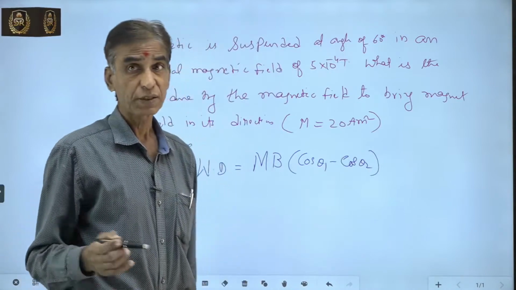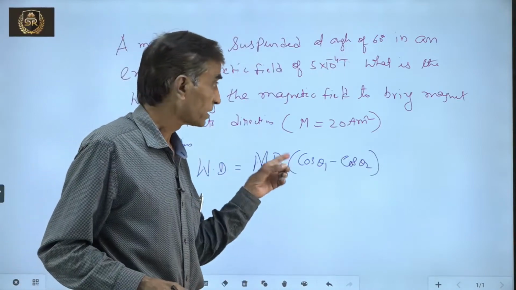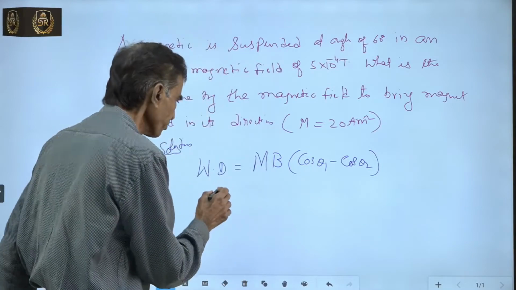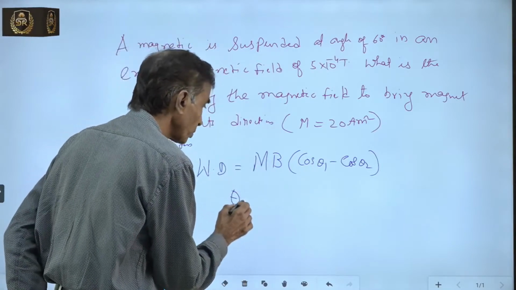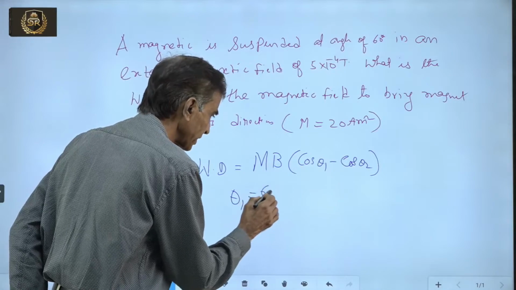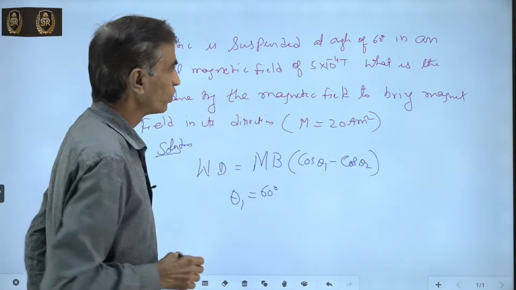So, theta 1 is given how much? 60 degrees. Here theta 1 is 60 degrees. But what is theta 2?